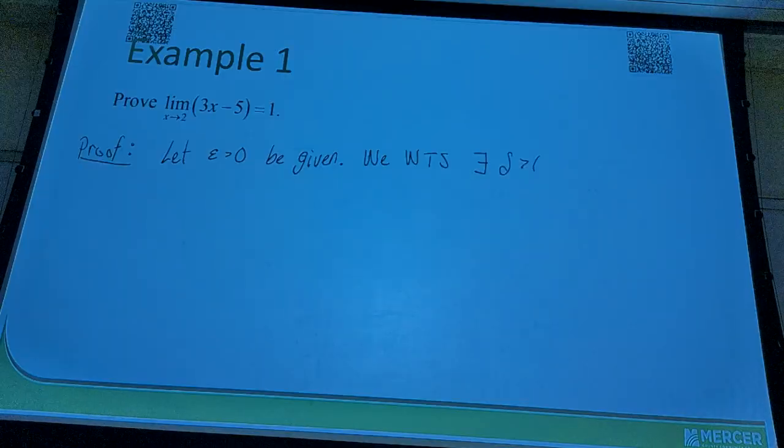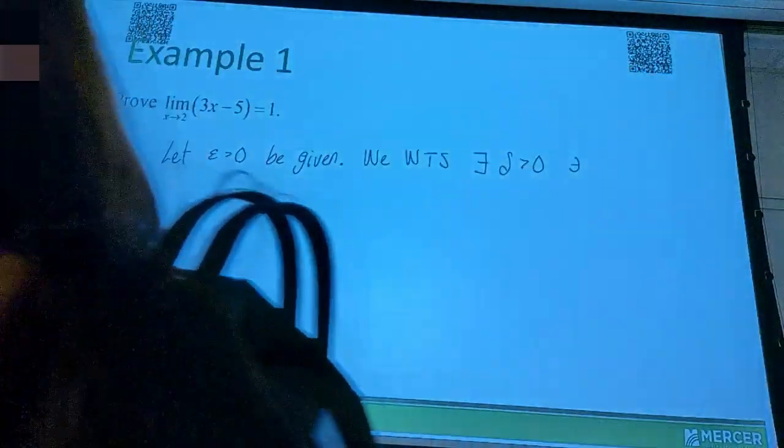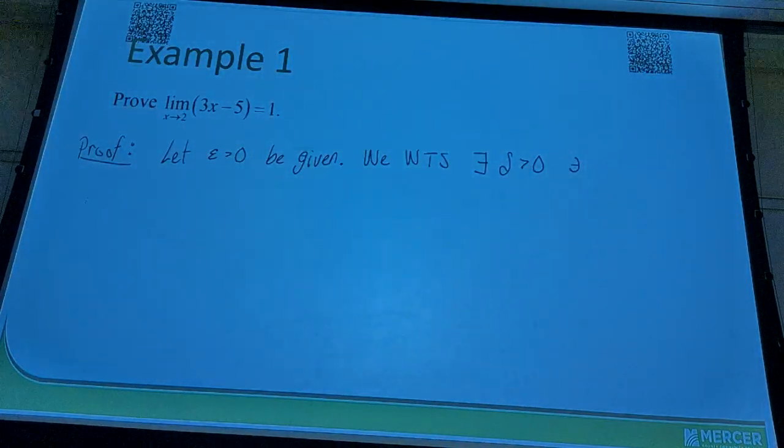We want to show there exists a delta greater than 0 such that the absolute value of f of x minus L is less than epsilon whenever the absolute value of x minus 2 is less than delta.